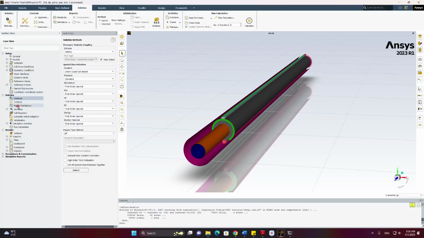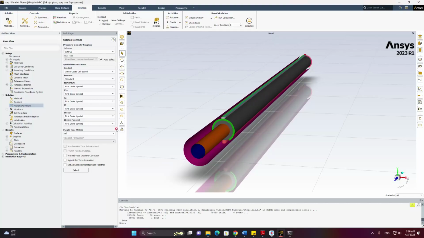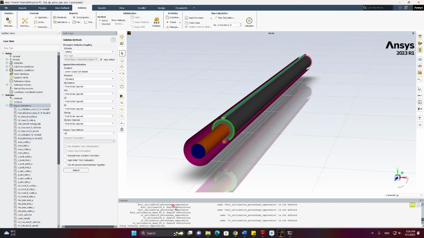So the report definitions, right click it and import from file. The expressions it has given, the cell report definitions. Okay, and you can see there are a lot of invalid ones. The fuel utilization is not defined, since the expressions are not defined.